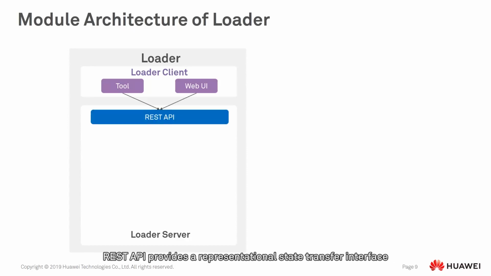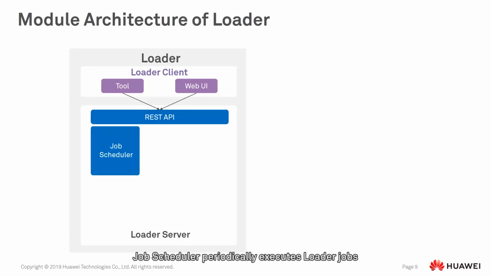REST API provides a representational state transfer interface, which involves HTTP and JSON, to process the operation requests from the client. Job Scheduler periodically executes Loader jobs, and there are three types of engine.